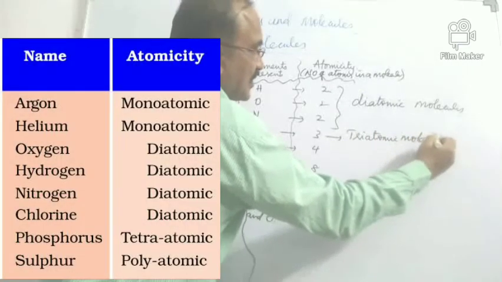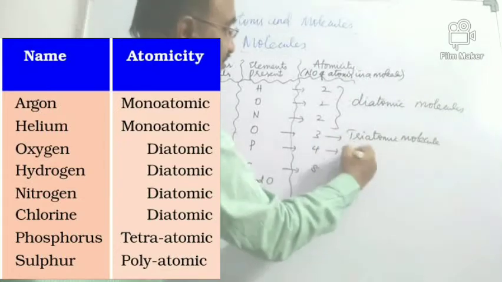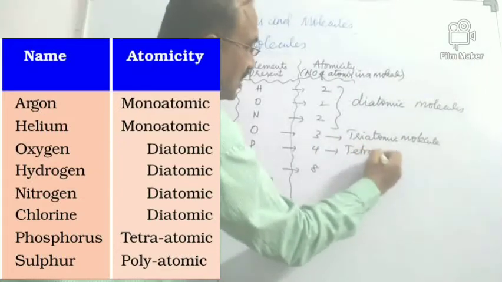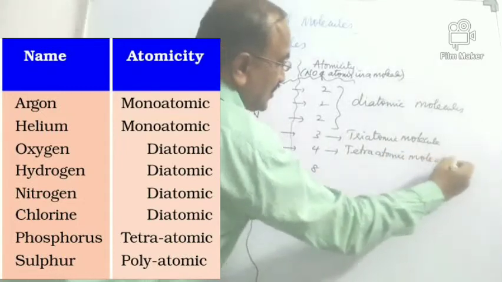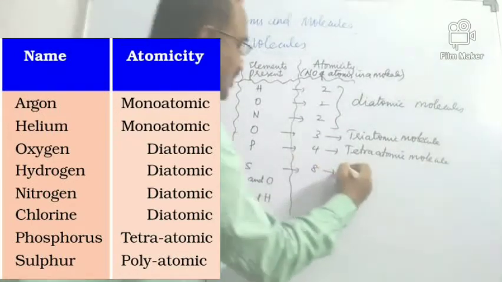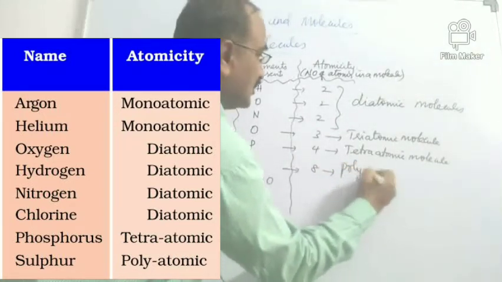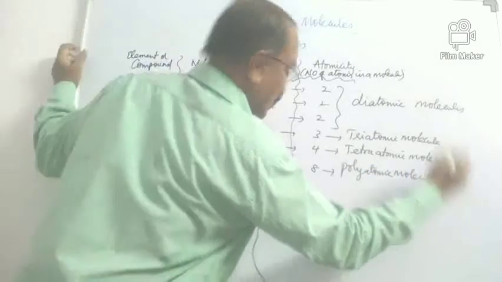It is called a triatomic molecule. This is a tetraatomic molecule. And then next, you observe, children, there are 8 atoms in each molecule of sulfur, so it's called a polyatomic molecule.